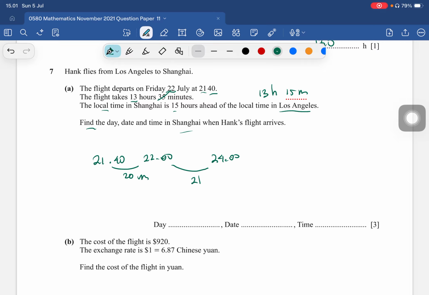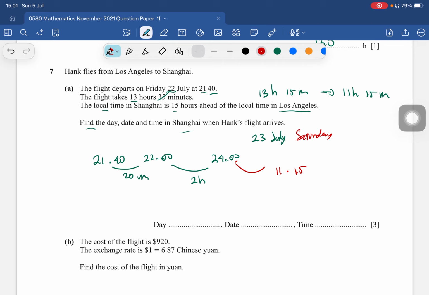This takes 2 hours, so we take it from here. It's going to be 11 hours and 15 minutes. Here is the next day, 23rd July, on Saturday. From 00, it's going to be 11:15.